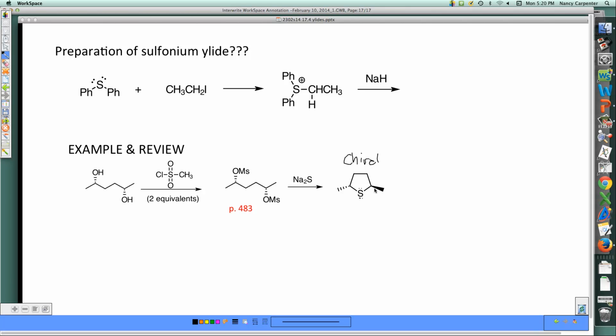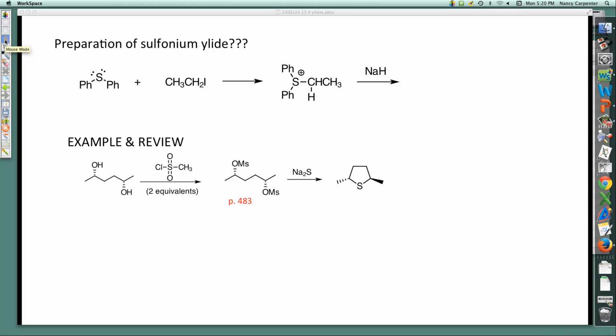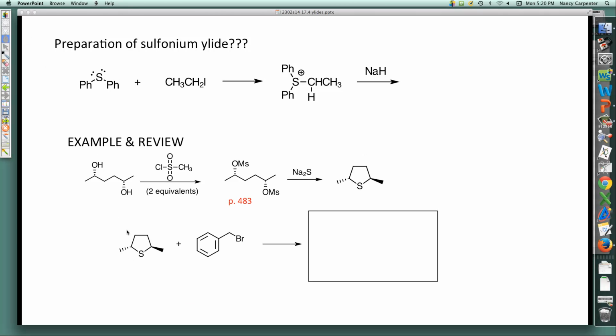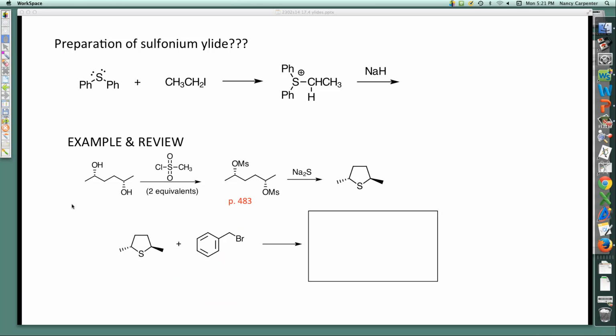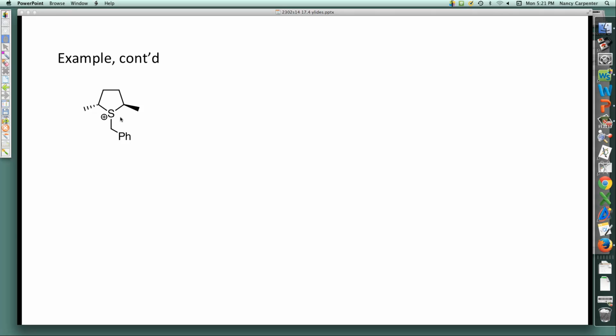A chiral sulfide. Well, that means I can use this to make the sulfonium ylide, because just like any other sulfide, it'll react in an SN2 reaction to give me the sulfonium salt.